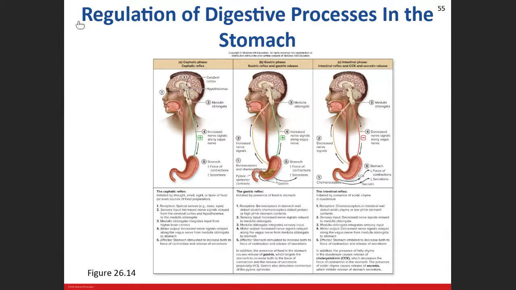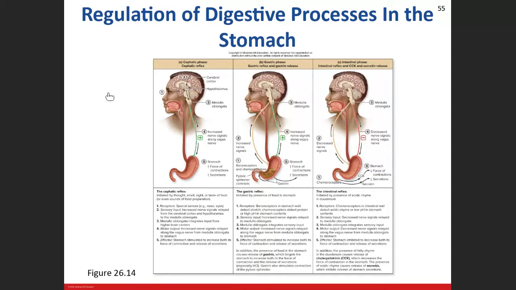But just to let you know, there are three phases when we're talking about regulation of the digestive processes for the stomach. The first one, you probably heard the term, it's all in your head. Well, literally, that's what happens. We talk about the cephalic phase of digestion.